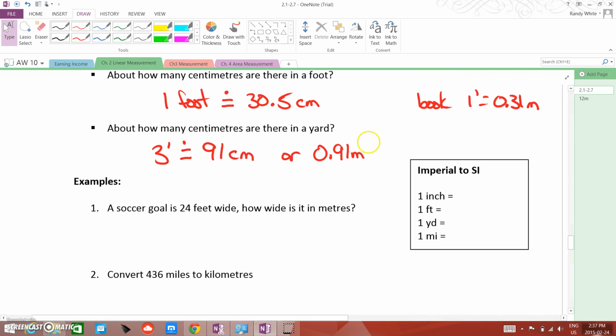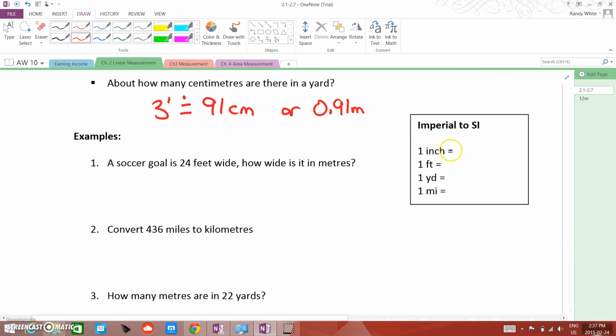Okay, so let's give our examples here. 1 inch, and we're going to use the information from our textbook, is 2.54 centimeters. 1 foot is 0.31 meters or 31 centimeters.